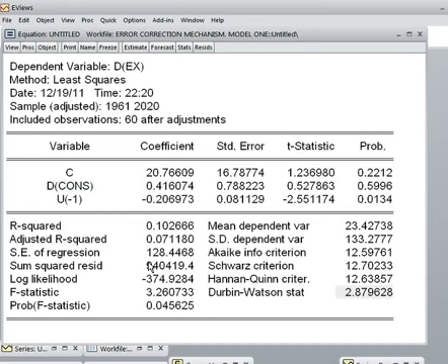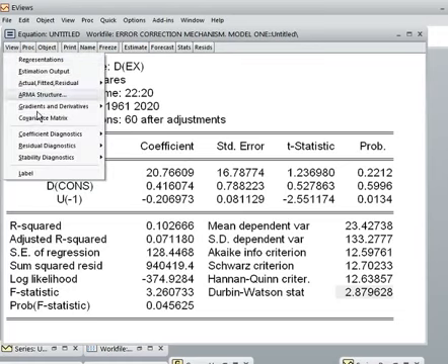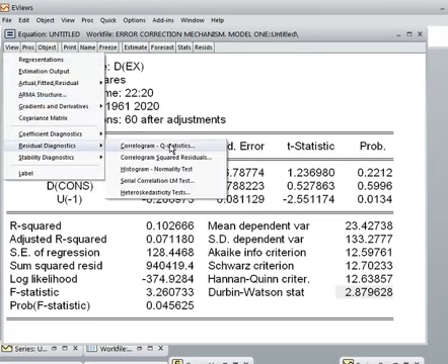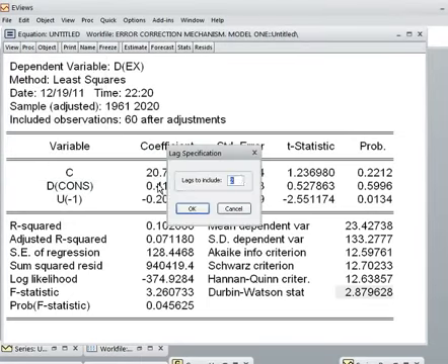How to check? I go to view, I go to residual diagnostic, I go to serial correlation LM test, right? So I click here, and here is already 2 lag. Okay, I take 2 lag, then I click okay.